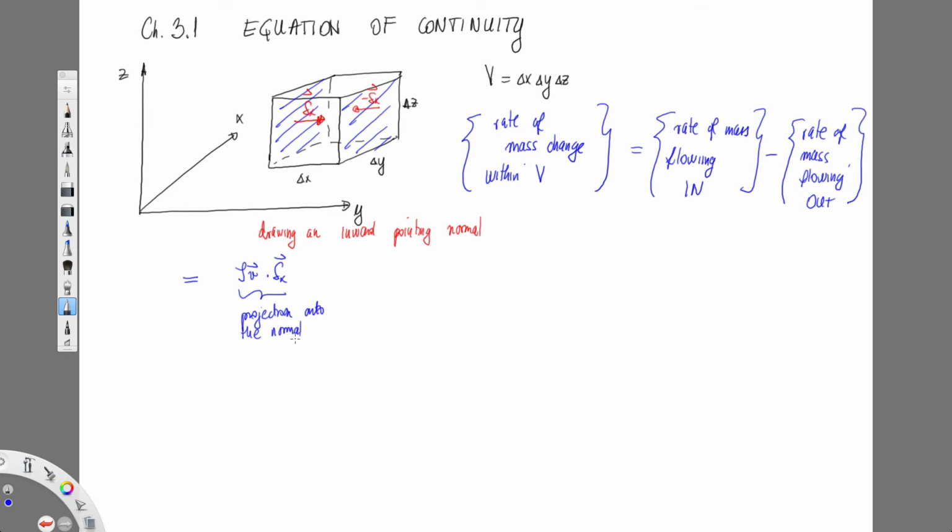And then I also have to multiply it by the area of the boundary. I'm assuming this is constant over the entire boundary, so if I want to integrate over the entire boundary, I have to multiply by area. Is that cool? So basically my area is delta y, delta z.